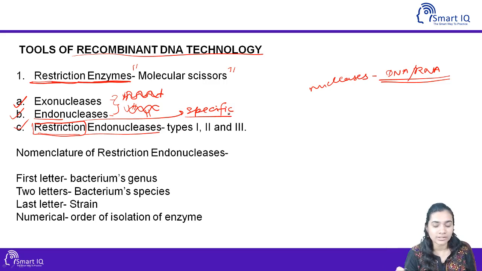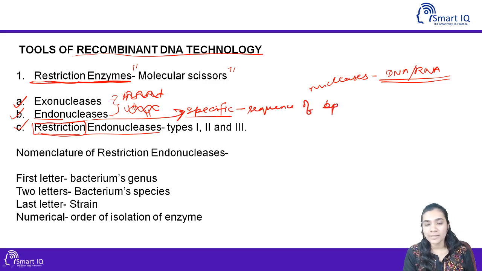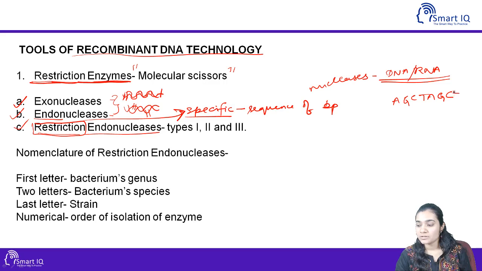So specific to what? These restriction endonucleases or restriction enzymes produce the cuts or nicks only if there is a specific sequence of base pairs. Suppose let us assume there is a base pair sequence of AGCT AGC, 5' to 3'. Now we know of a restriction endonuclease that cleaves the DNA sequence here.